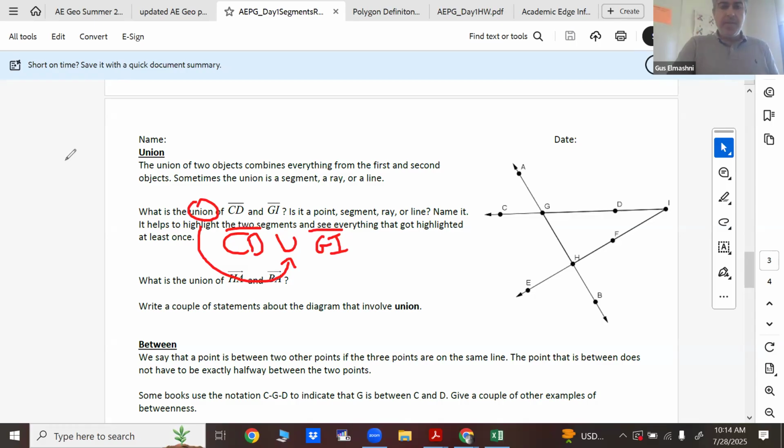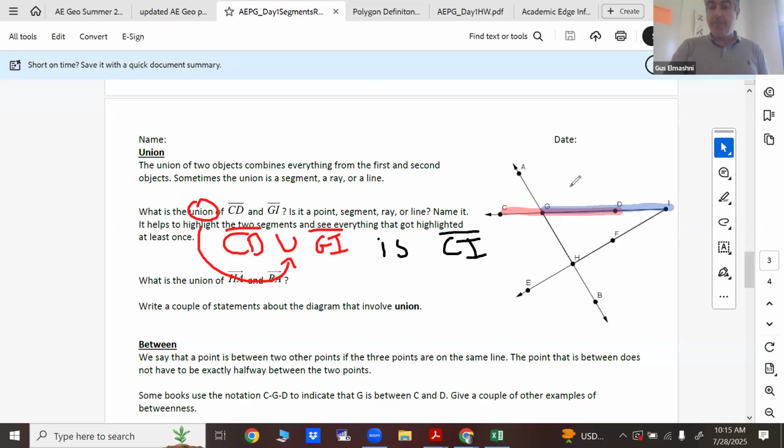If you think about it, let's get a highlighter. Highlighter is kind of good. So CD, and then let's go dark blue, GI. Okay. So what's going to be the union of all this? If you think about it, you have to include the intersection, but also what they each brought individually. So correct. The union is going to be CI.